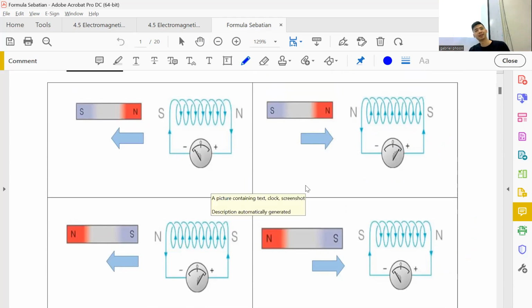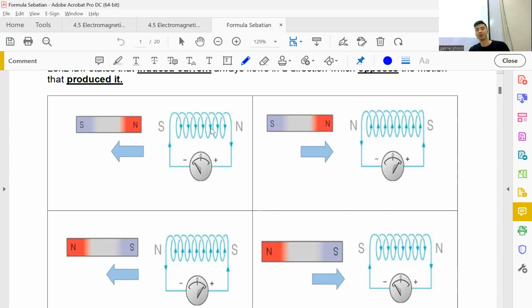But in reality, it's actually the right hand grip. You could say that, but not really, because this part is south, this is positive also. The more correct pattern is that the current goes from south to north, but the magnetic field is north to south.